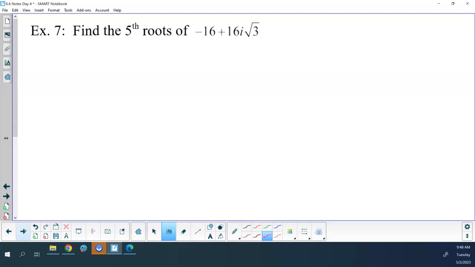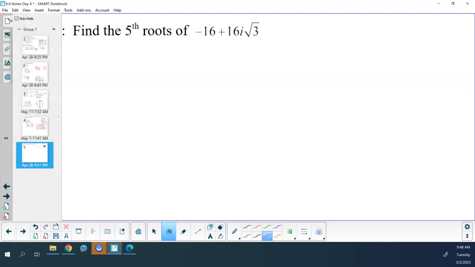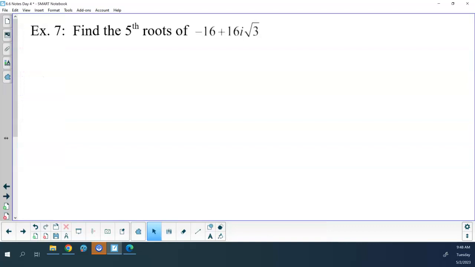I thought this was the last one, so we'll do it together. Okay? We want to find the 5th roots of this number. So how many answers are we going to have in this one? We're going to have 5 answers. Now, some of you are going like, that's 5 pieces of work.